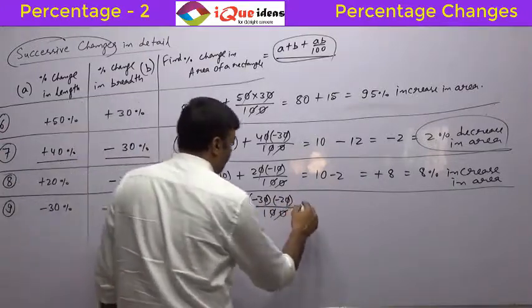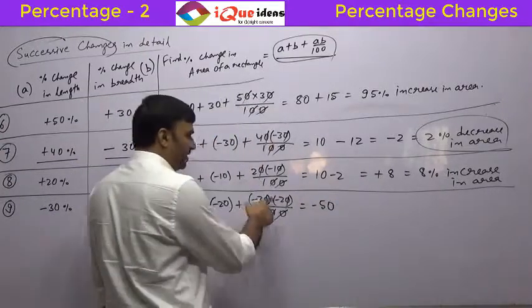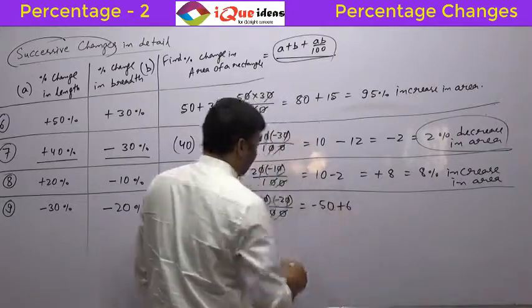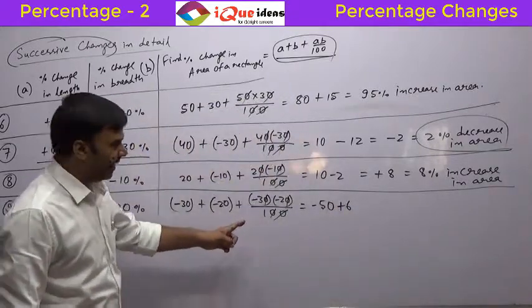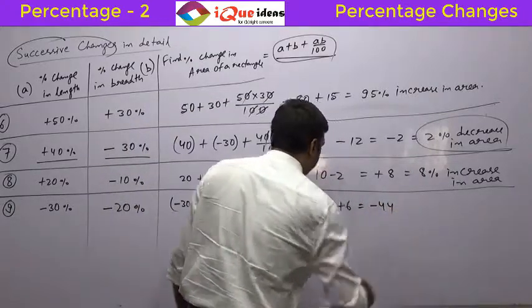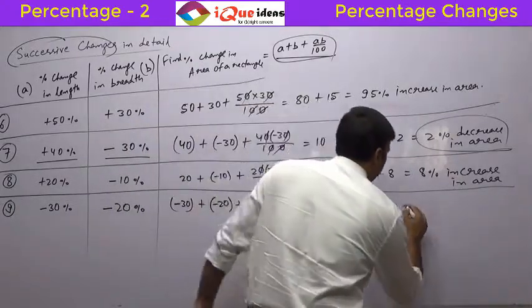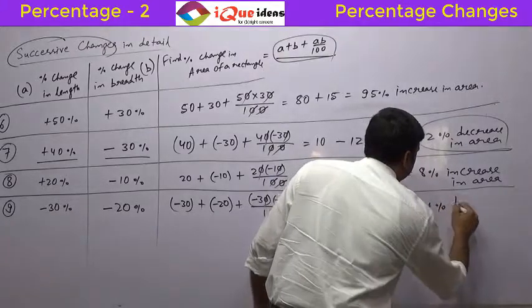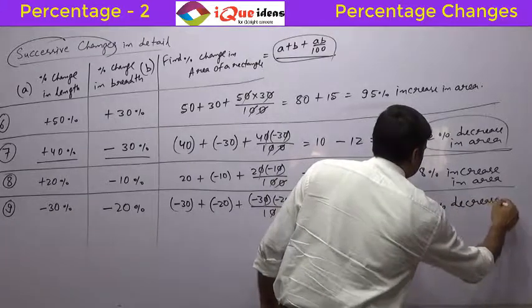Minus 30 minus 20 is minus 50. Minus 3 into minus 2 is plus 6. Yes, this is where people make mistakes. Minus 3 into minus 2 is plus 6. Minus 50 plus 6 is minus 44. So it is a 44% decrease in area.